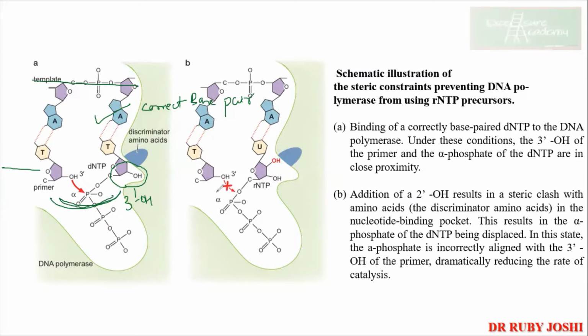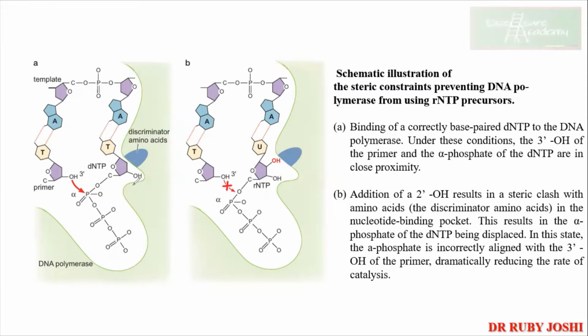Along with this, the fourth condition is that we have discriminator amino acids. These are going to distinguish between RNTPs and DNTPs. See what they are doing.